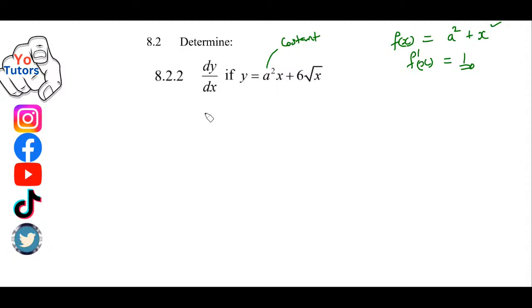So dy/dx is going to be equal to, remember what we need to do first. We still need to have our y equal to a squared x plus 6x to the power 1 over 2. Remember what I've told you in the first one, the hint, we said we must convert that. So we need to convert this into an exponent.